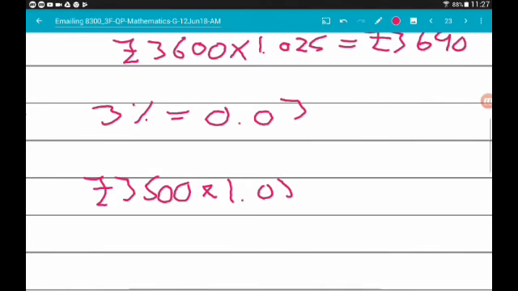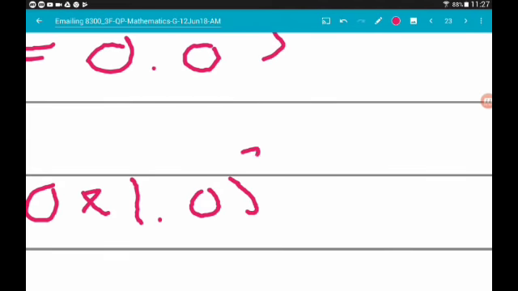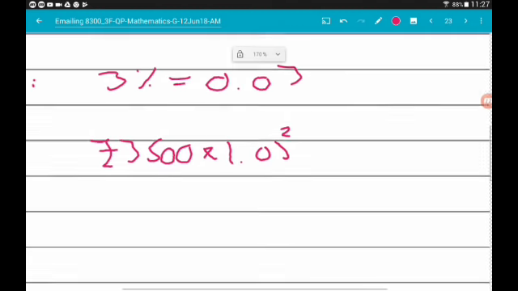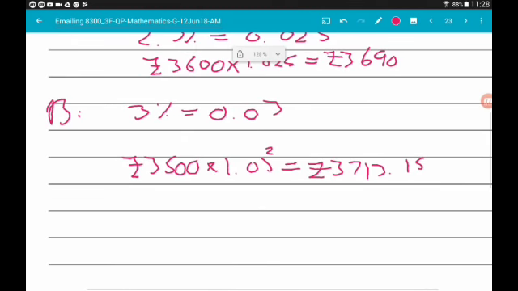So all that we need to do is stick a power of 2 on the multiplier. So 3,500 times 1.03 squared, it's going to give us £3,713.15p.